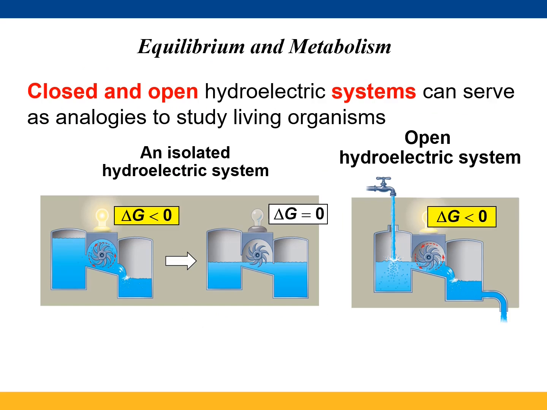Now I'm going to compare equilibrium and metabolism, and to do that I'm going to again use this closed and open hydroelectric system because they can serve as analogies to study living organisms. And here you have an example of an open one, and here you will have an example of a closed system.